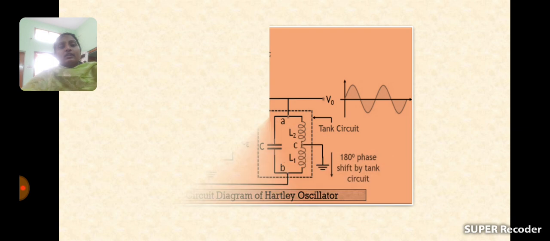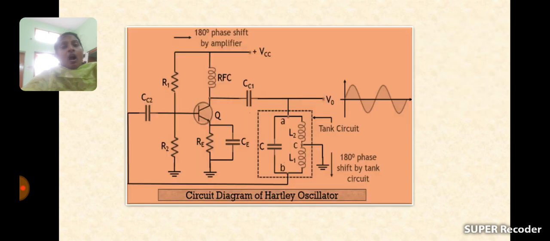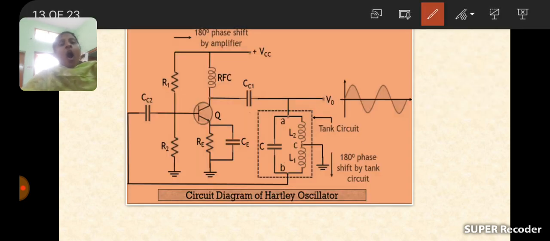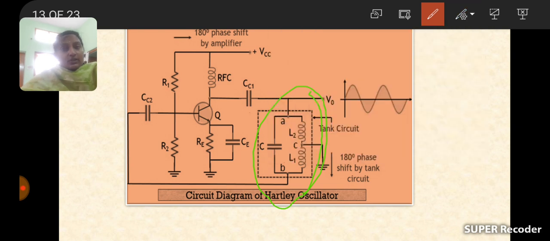And here, this is the circuit diagram of the Hartley oscillator. Already I said Hartley oscillator means it is the combination of these two, and it provides 180 degrees phase shift through the tank circuit.